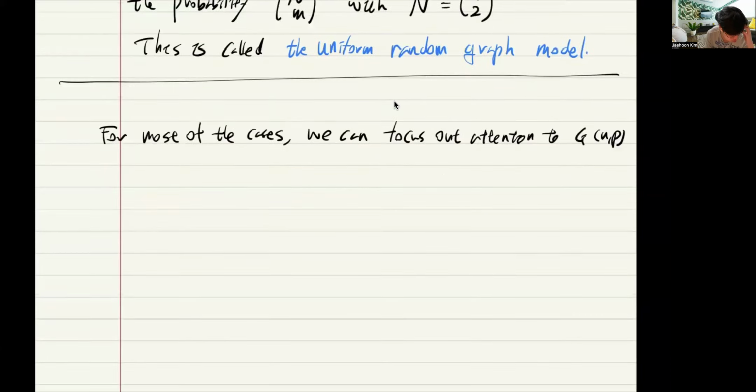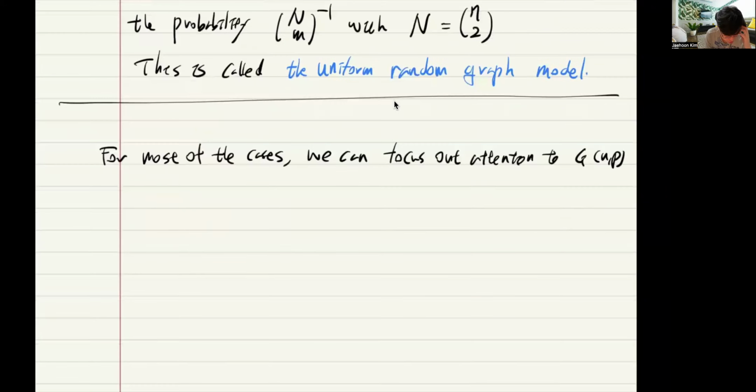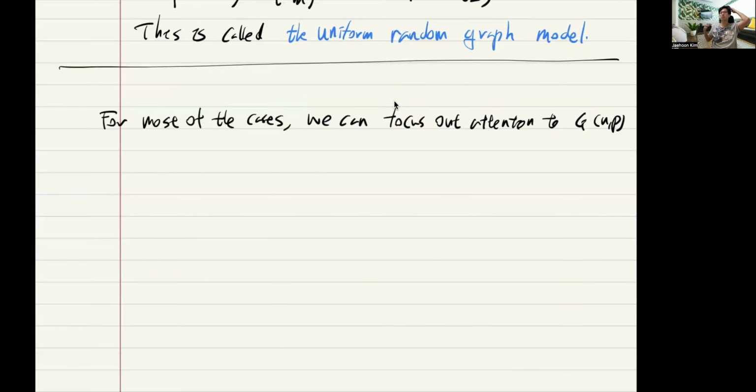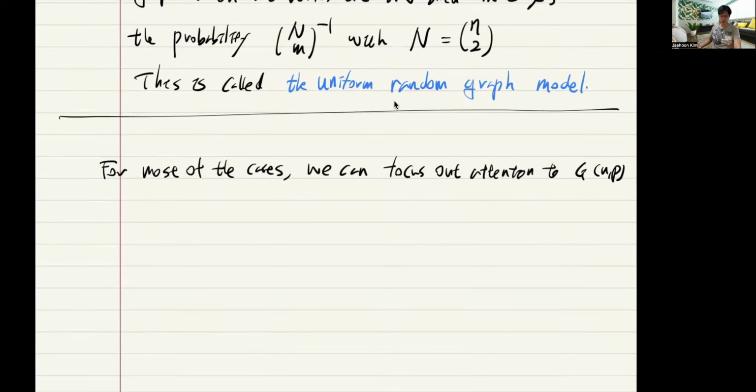Why? Essentially, the properties that hold for the binomial random graph model also hold for this uniform random graph model and vice versa.